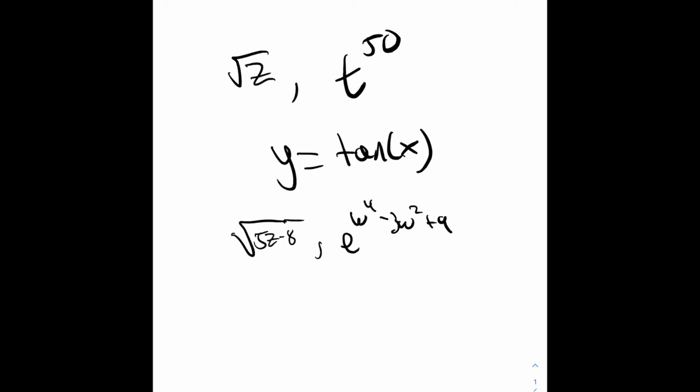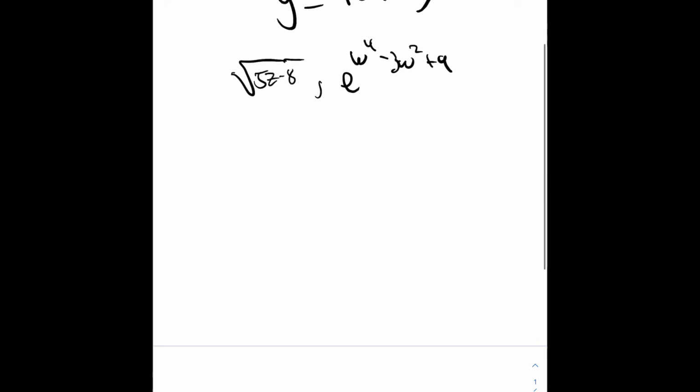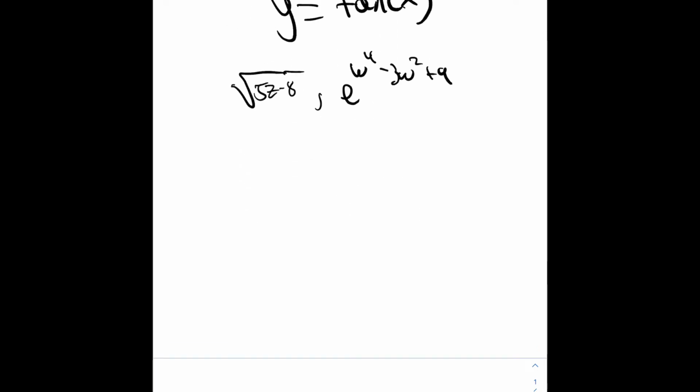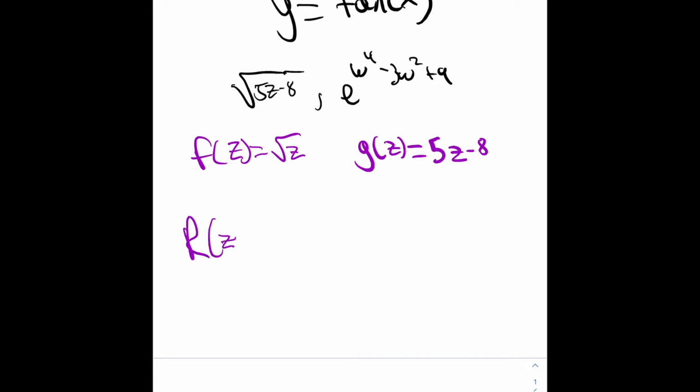Now, we can actually do that, and it's with something called the chain rule. So if I look at two functions, let's say f of z equals square root z, and g of z equals 5z minus 8, I could write a new function, f of g of z.